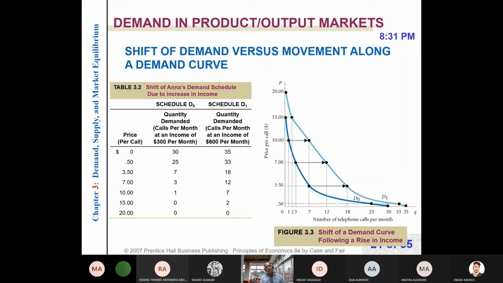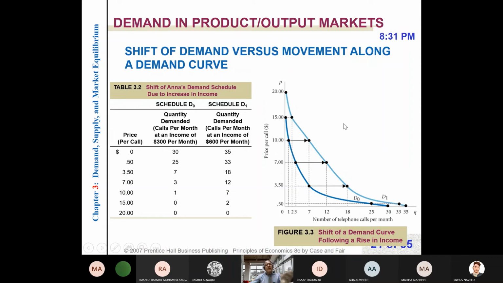So you need to understand this slide. Hopefully, if you don't understand, ask me to repeat. I think there is nothing to be read in this slide.